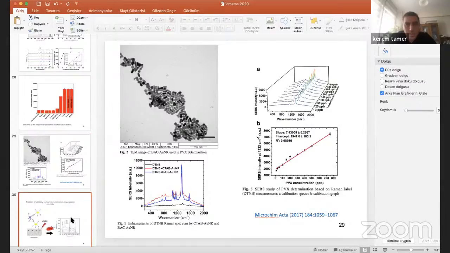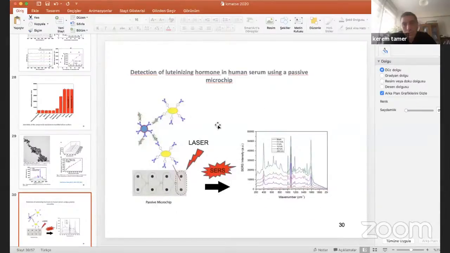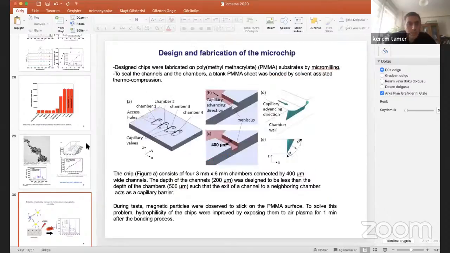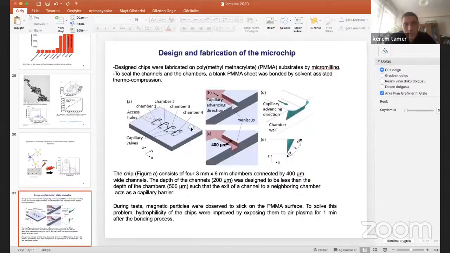This is another application. We also make some chip applications. We are capable of constructing a chip surface. For instance, we constructed a passive chip. Here there are four chambers.